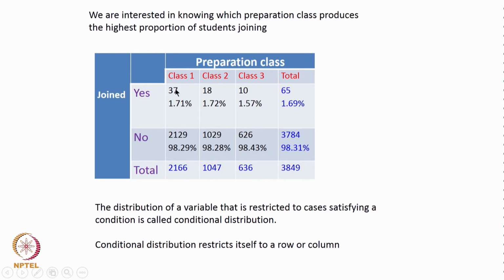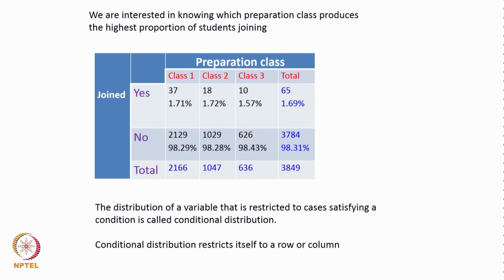Now, this proportion is 37 out of 2166 joined, which is 1.71, 18 out of 1047 joined, which is 1.72, and 10 out of 636 joined, which is 1.57. The average, 65 out of 3849 joined, is 1.69%.